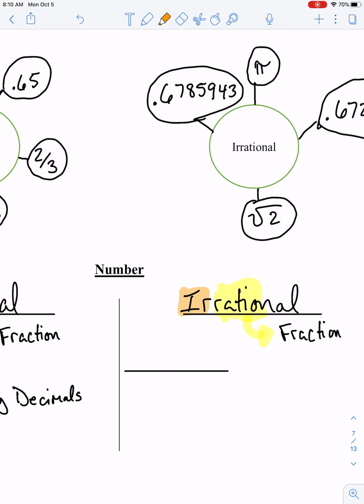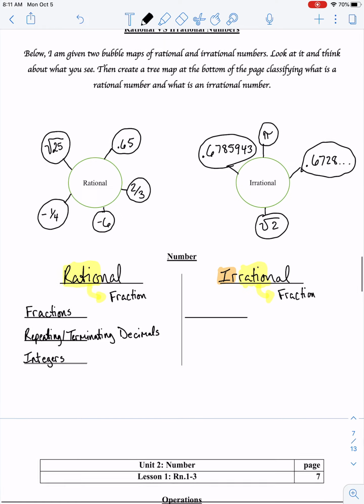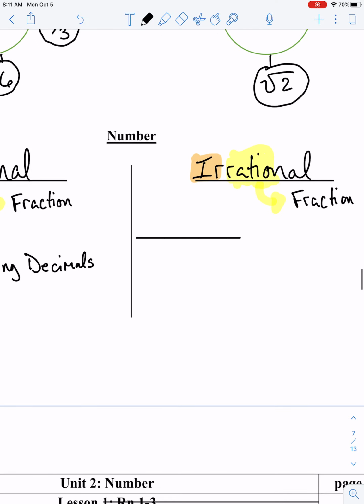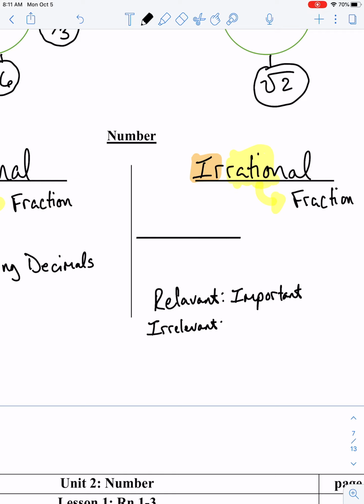Okay. Now, if I think about a couple of words like relevant, relevant means important, or that's the way I think of it. And if something's irrelevant, just not important.